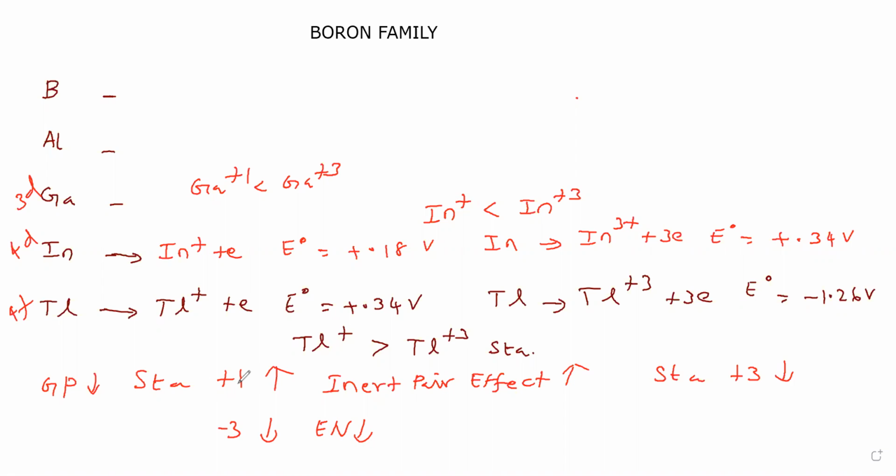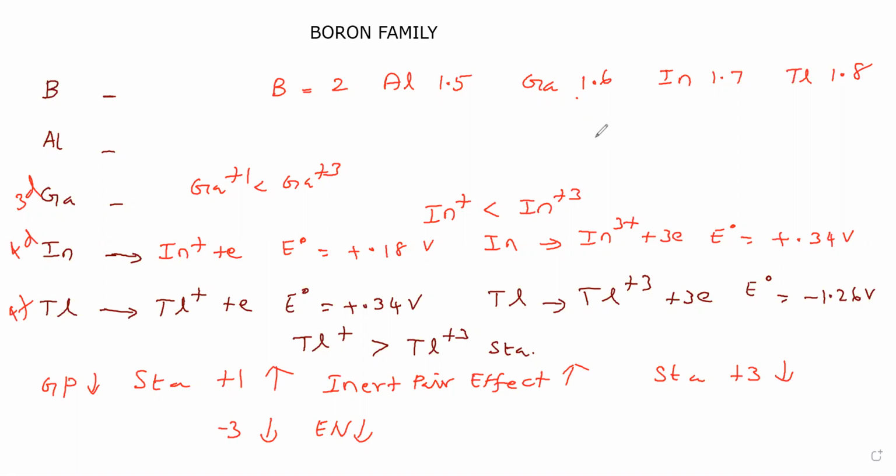Now we will see the electronegativity of these elements. Boron electronegativity is 2. Aluminum 1.5. Gallium 1.6. Indium 1.7. Thallium 1.8.